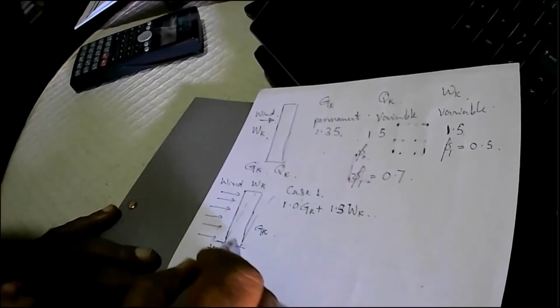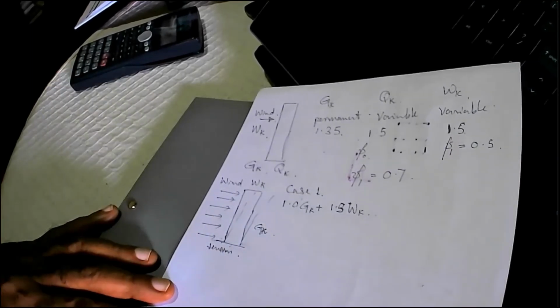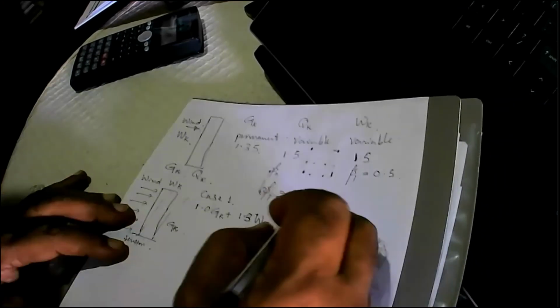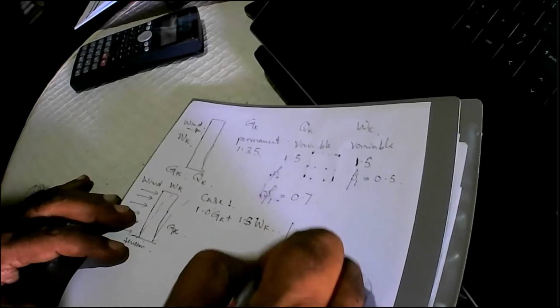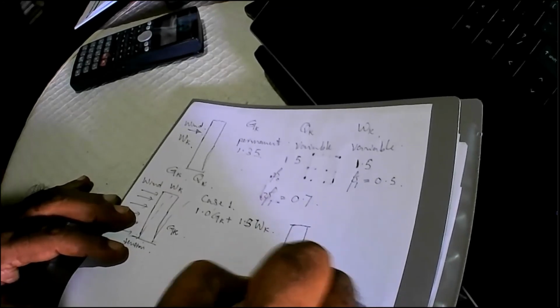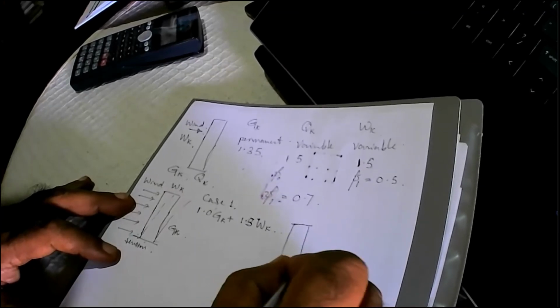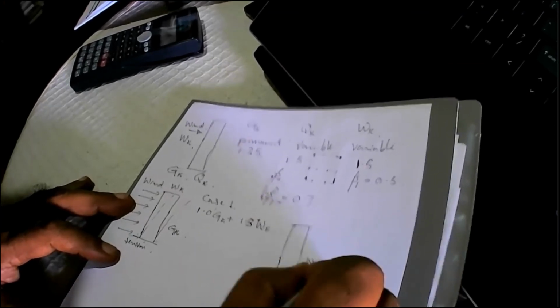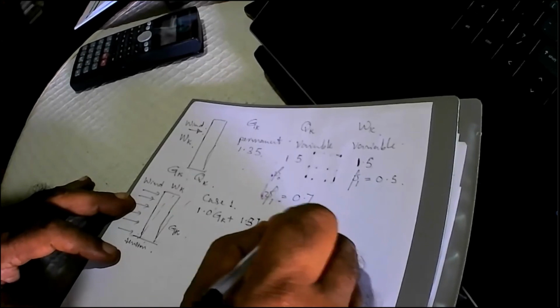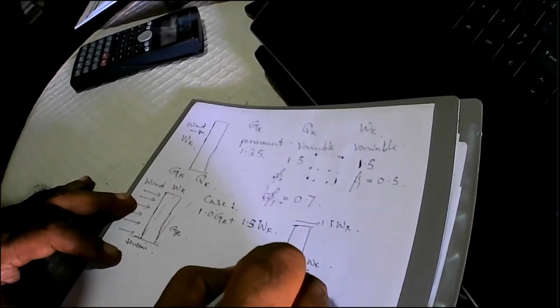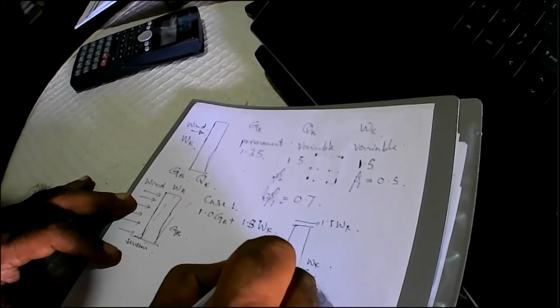So this will tell you whether tension can occur in the building. And then we can have a case where GK is there and WK is there, and WK is 1.5 times the maximum value. GK also will be 1.35 times GK.